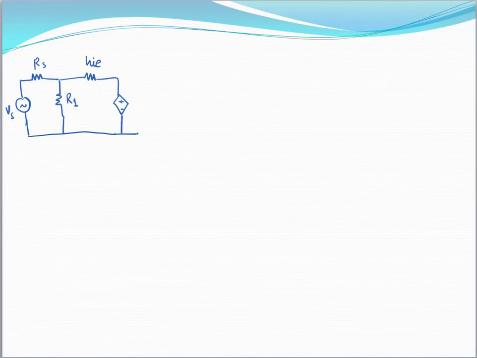This is the voltage controlled voltage source, that is HRE VCE. This is the input side, we consider it a B node, and IB current will flow here.